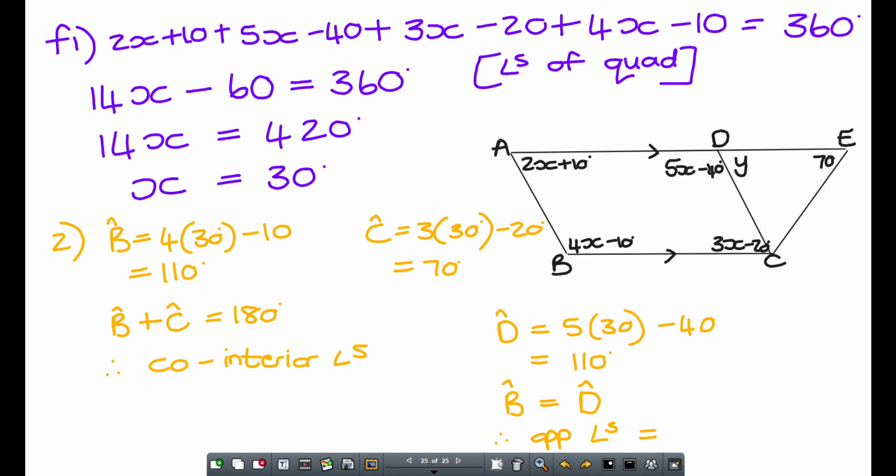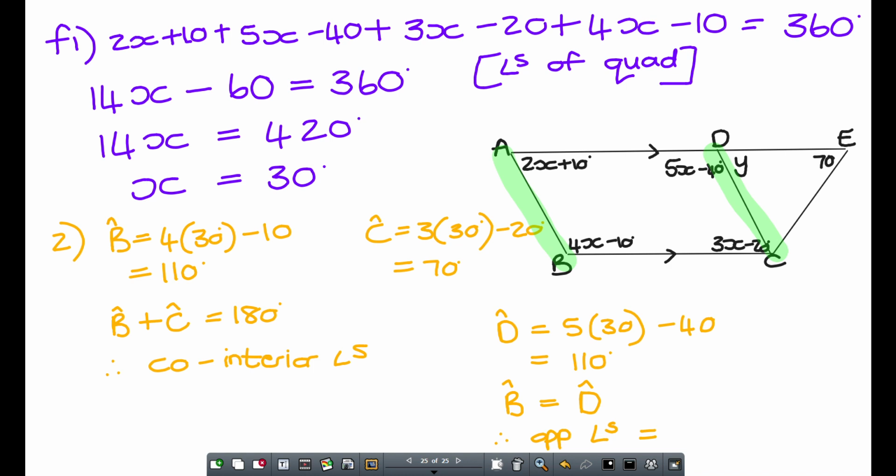Any other questions here? Now the last one, number 3, says show that AB is equal to CE. How are we going to do that? First thing that you know is that AB is the same as DC.